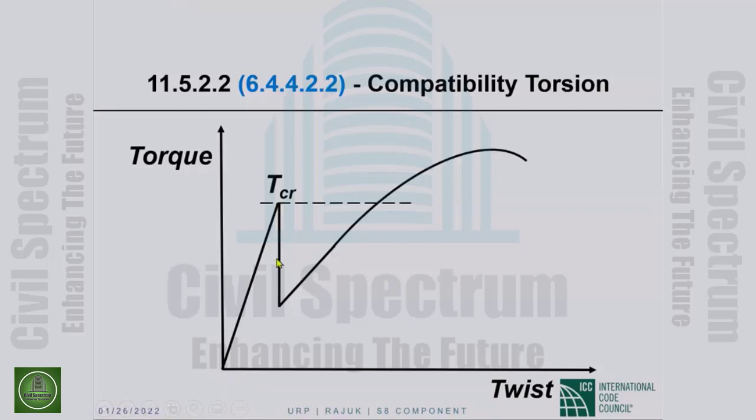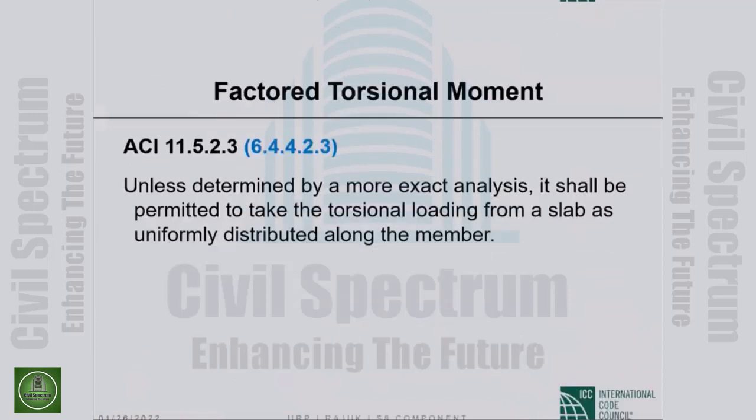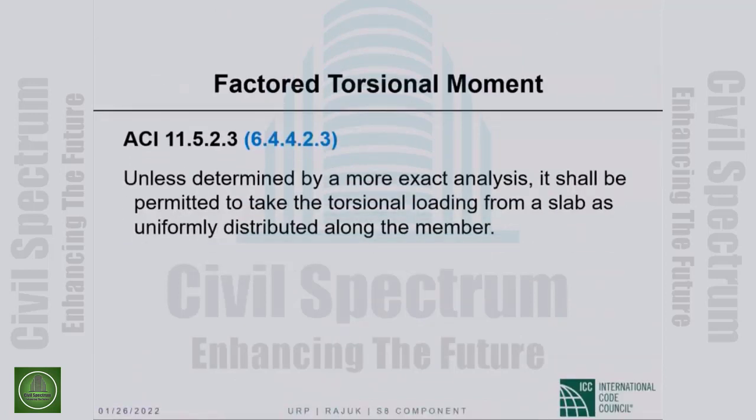The torsion drops drastically, and then it takes a lot more twist to get back to cracking torque, and then with further twist, the member can resist more torsion. And if we decide to design for that, then the extra torsion, the difference between this and that, will have to be redistributed. That will become additional bending moment in the slab system that is contributing torsion.